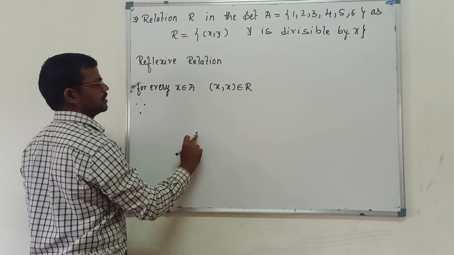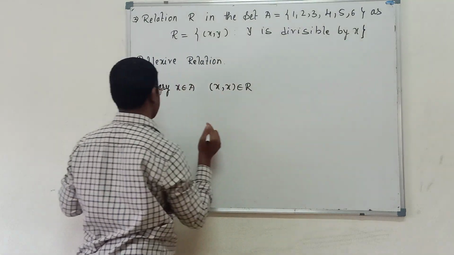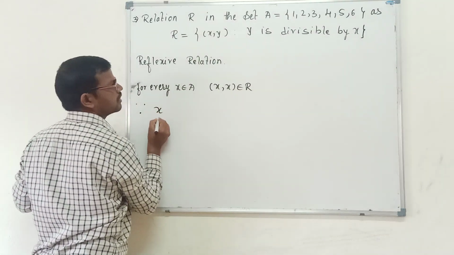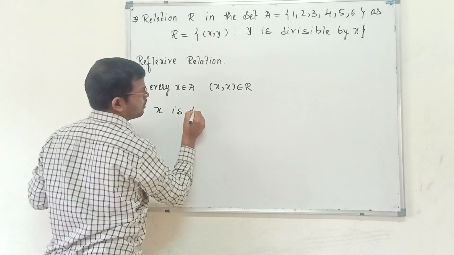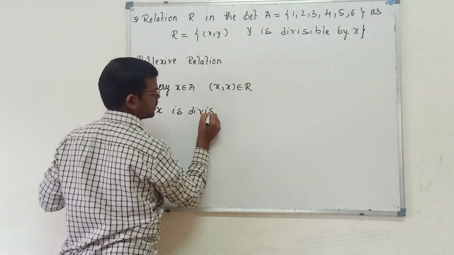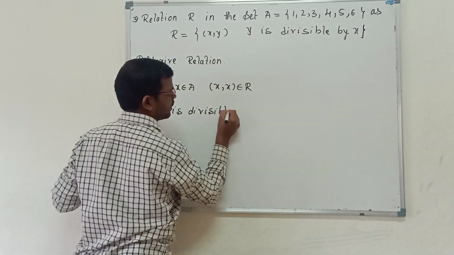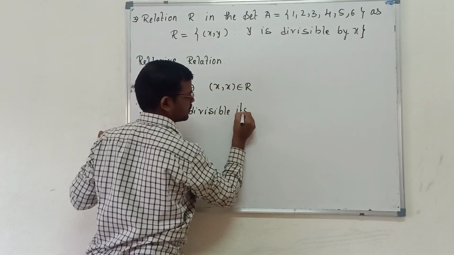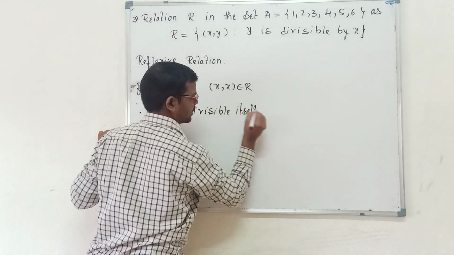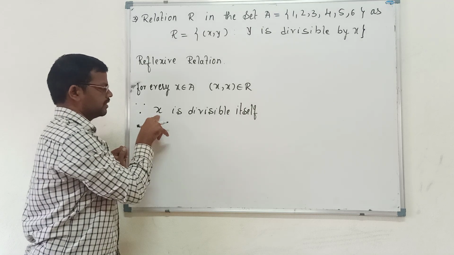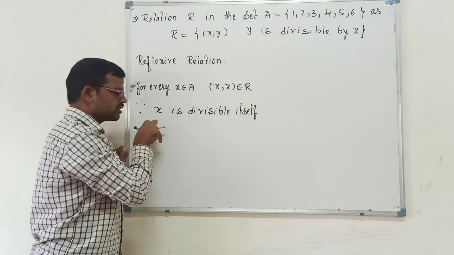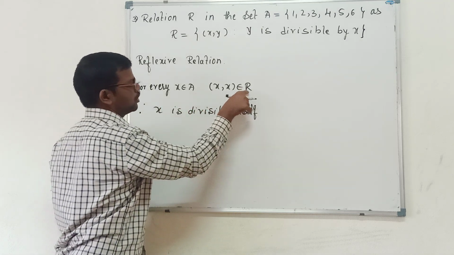We have to give the reason. Because x is divisible by itself. We know that every number is divisible by itself. So x is a number, and if x is divisible by itself, then (x, x) belongs to R.